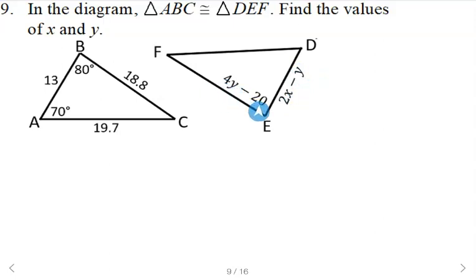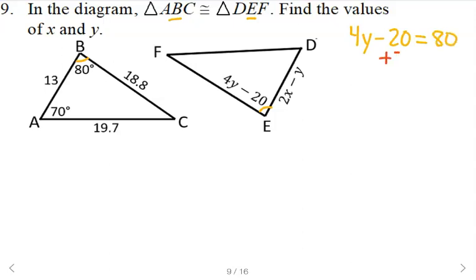So let's look at the y's. The y's have to do with the angles here. Angle E and angle B are congruent because we have congruent triangles, and so the corresponding angles are congruent. And so we can say 4y minus 20 has to equal 80.